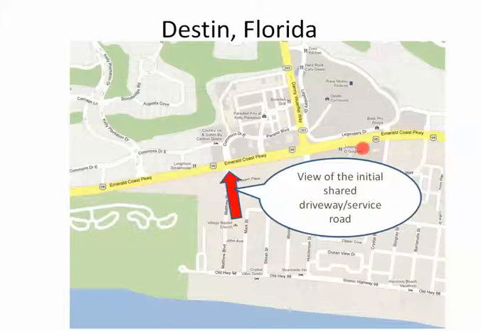Destin and Okaloosa County decided to really step up their activities in access management and to create a system of backage roads and interconnected properties along a very highly congested US 98 or Emerald Coast Parkway.